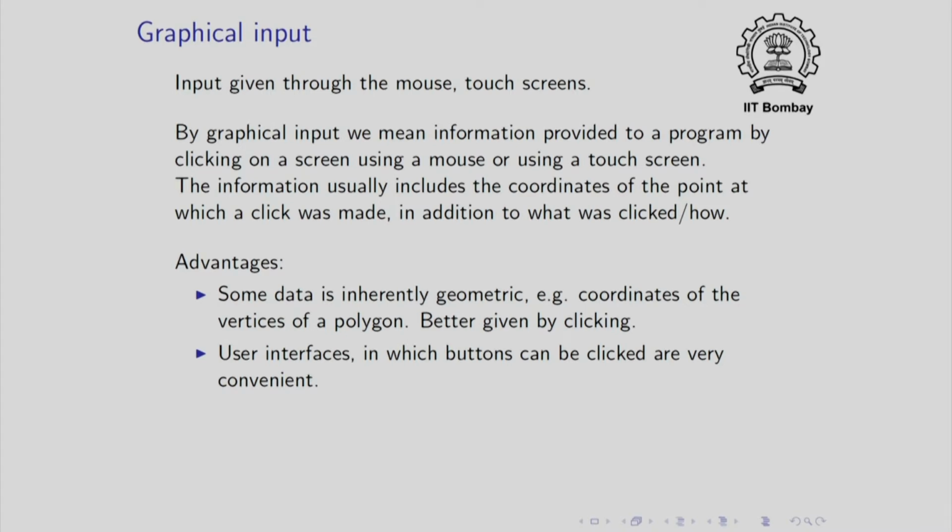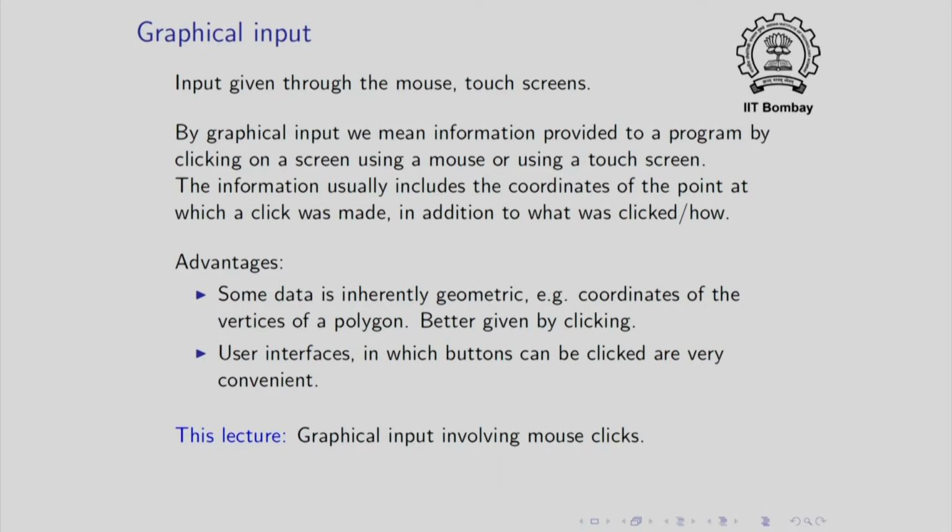Each button may enable a user to select a certain option, and that requires clicking on the button. In this case, the information that the user wishes to convey to the program is not really geometric in nature. However, by positioning a button, we have converted the information into a geometric form, that is, the user has clicked this button or that button and so on. Even this turns out to be rather convenient, and so graphical input is very useful for implementing user interfaces as well.